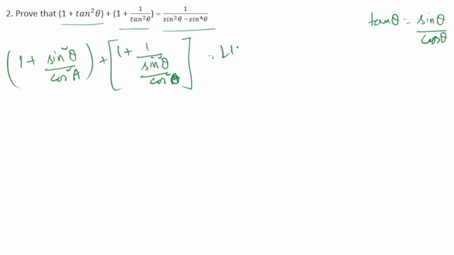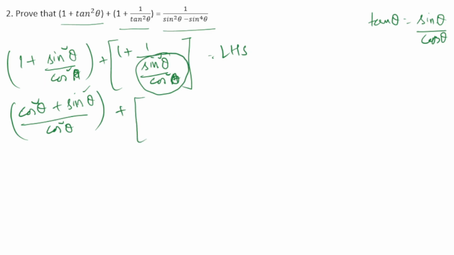Okay, this is left hand side. Okay, we'll take LCM here. It is (cos square theta plus sin square theta) divided by cos square theta plus, here the denominator term will be inverse. It will be 1 plus cos square theta divided by sin square theta.